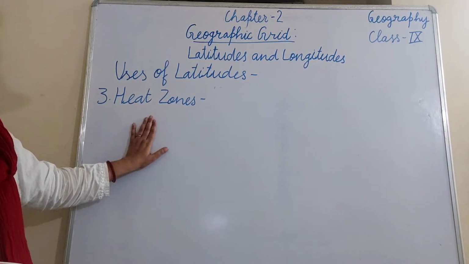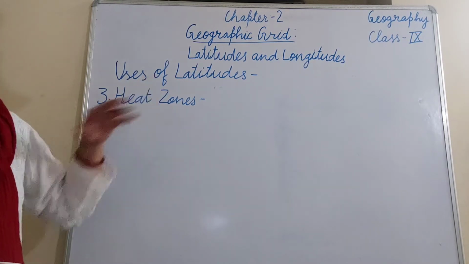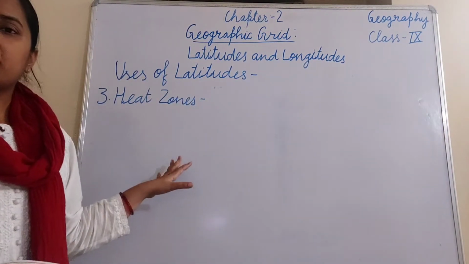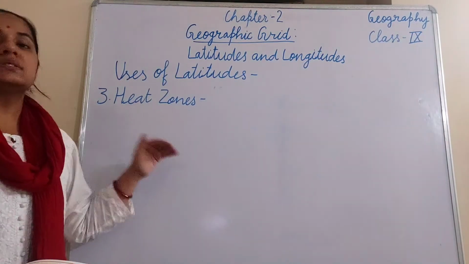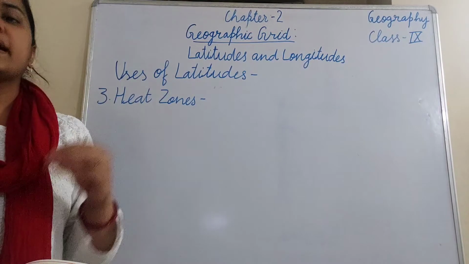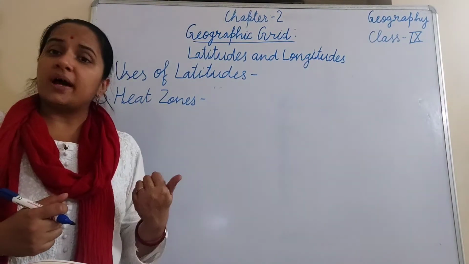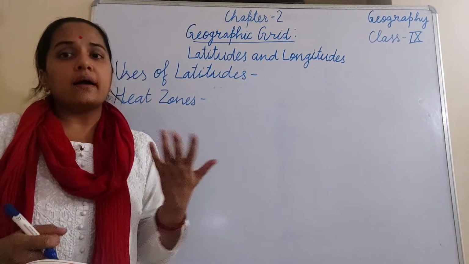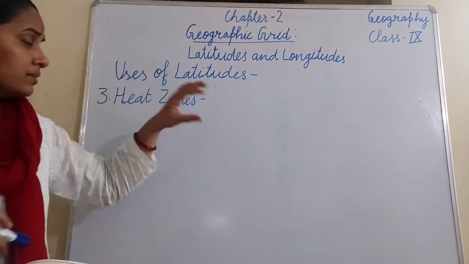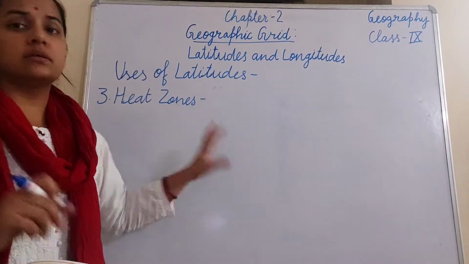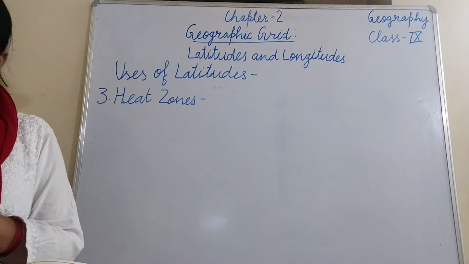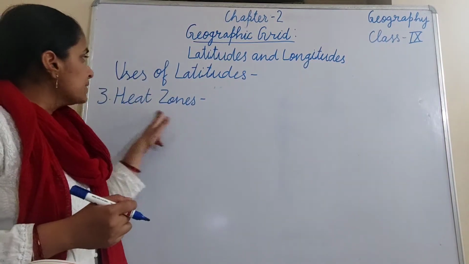How do they divide it? The important latitudes that we have learnt are the ones that divide these heat zones, and that's why those lines of latitudes are important. These lines divide the Earth into different heat belts. The lines of latitude indicate the general climate. What is meant by the heat zone?